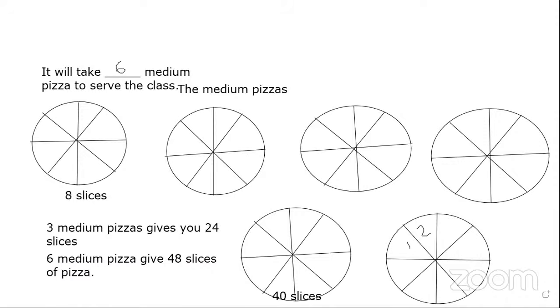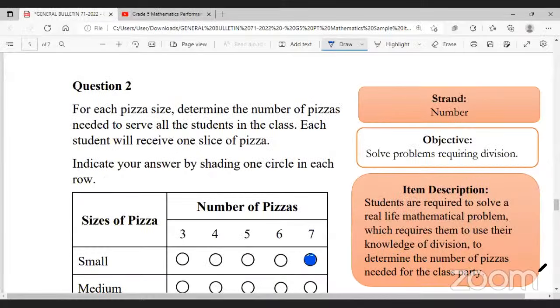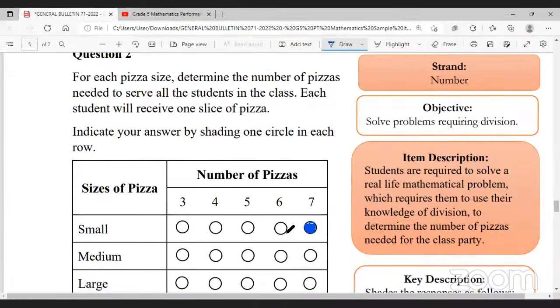All right. Let's go back to my document and I'm gonna start shading in for the medium pizza. So we need 6 medium pizzas. Now for the large pizza, going back to my whiteboard.